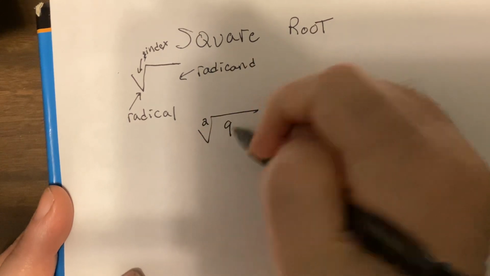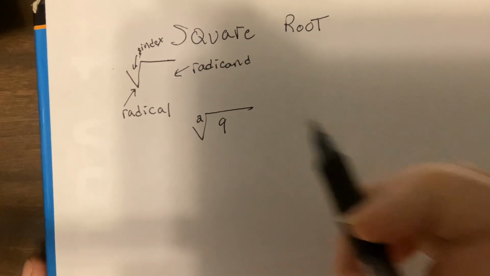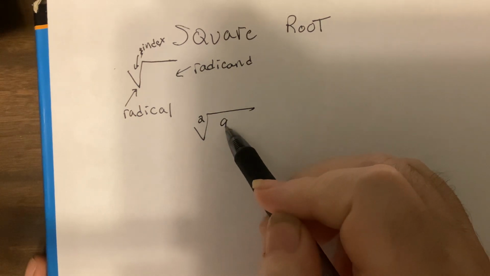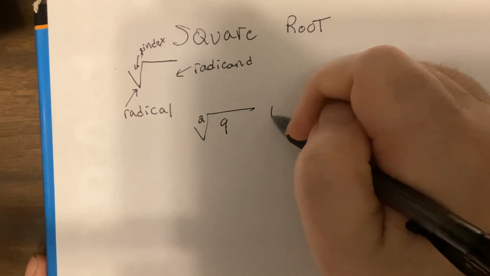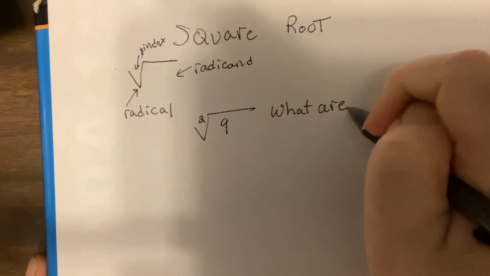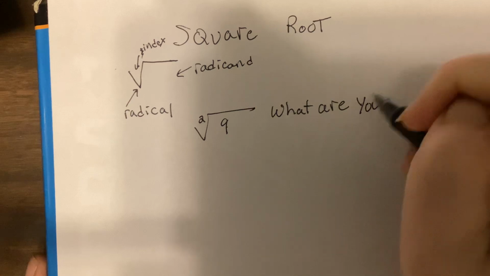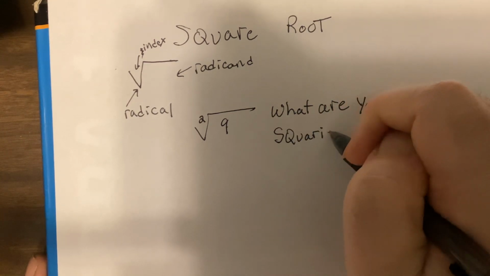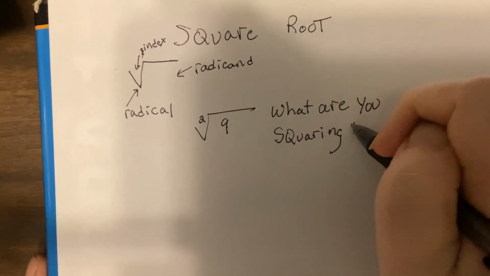So if I gave you this problem, that would be the square root. Undo the square to 9. Or what are you squaring to get 9?